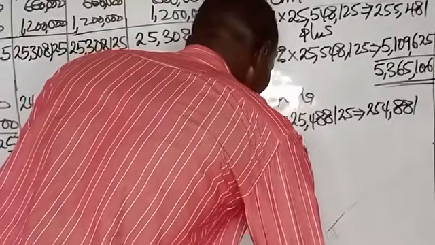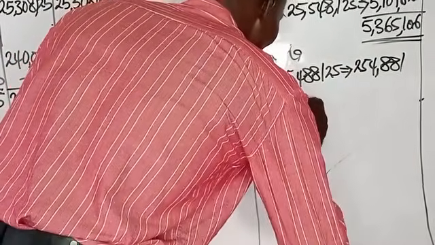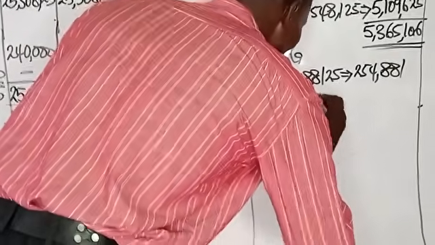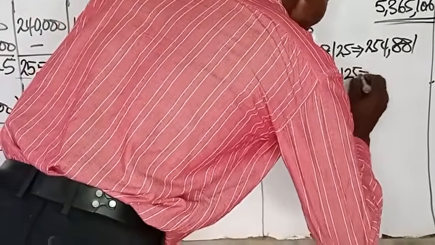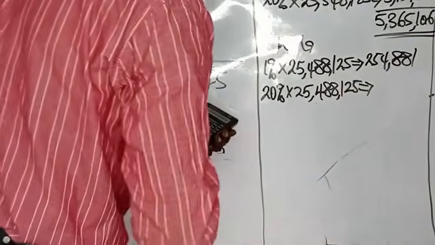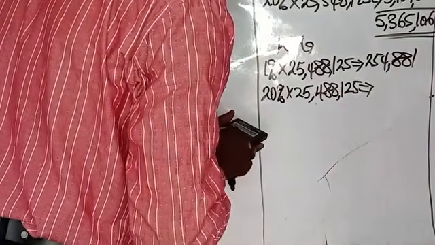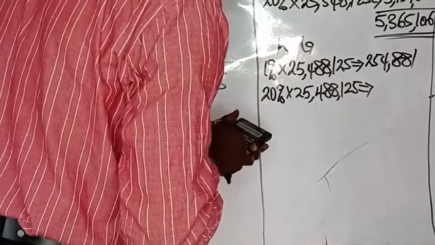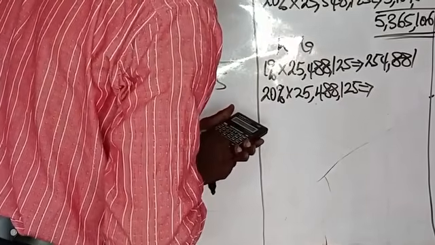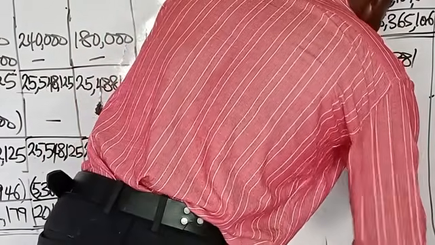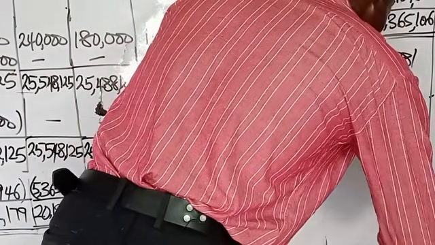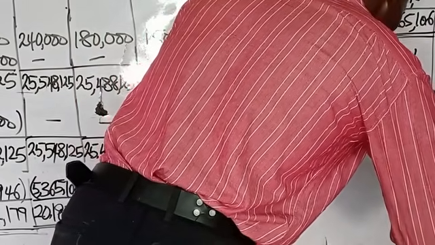20% of gross income of Kola, 25,488,125. 20% of that gives us 5,097,625.